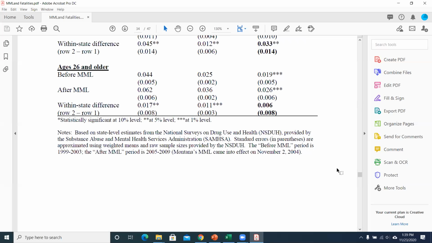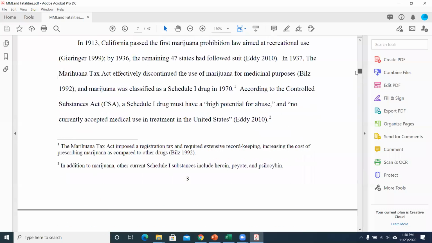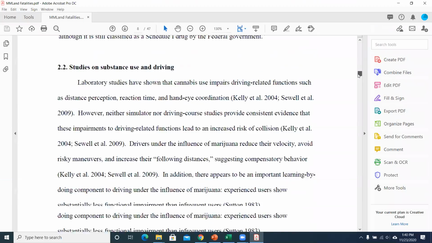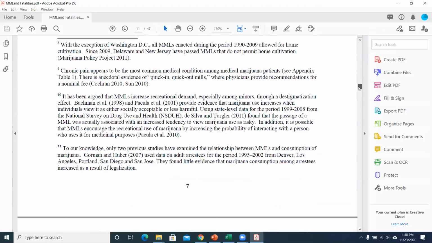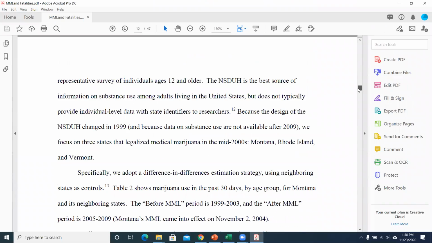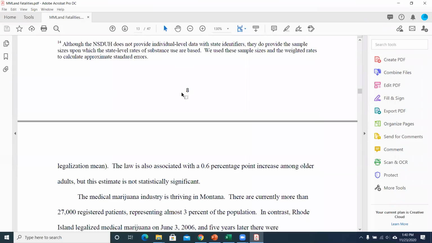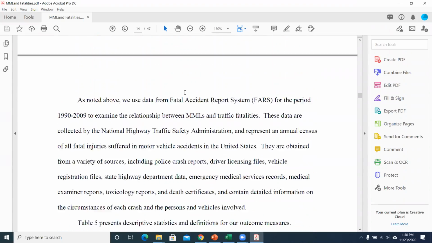No, they don't. They didn't do a good job of that, so let's go back up to their data section. Here it is.